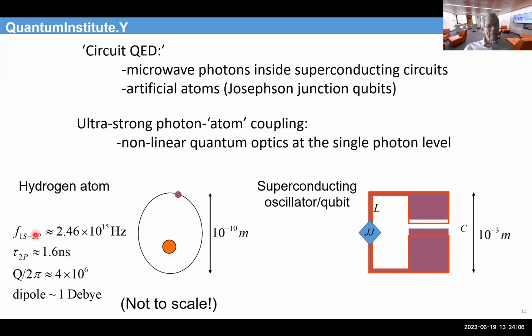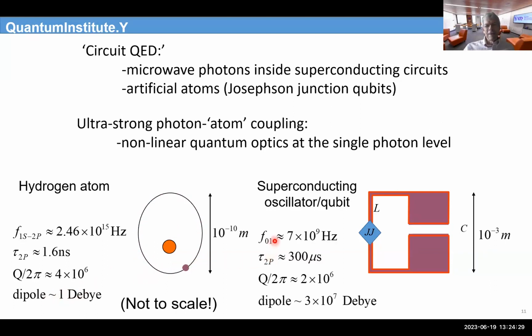If you take the product to get an effective Q, it's Q over 2 pi, about 4 million. And the transition dipole matrix element connecting the ground state and excited state is one electron moving one Bohr radius, so it's 1 debye. Pretty small, whereas here, the transition frequency is going to be around 5 to 10 gigahertz.